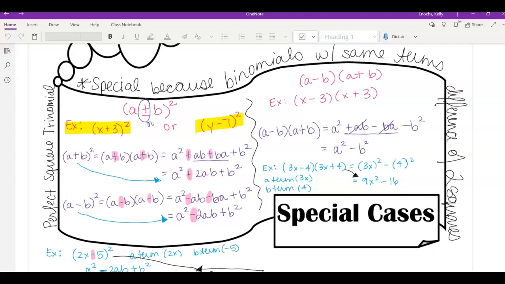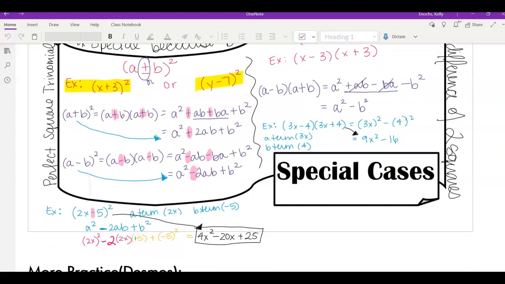So what are the special tricks? If you have something something squared, basically what happens is you're going to take the first number squared, the last number squared, and in the middle you're going to do 2 times the first number times the last number. Same thing with minus, first number squared, last number squared, but this time it's minus 2, first number times last number. So that's what it looks like down here.